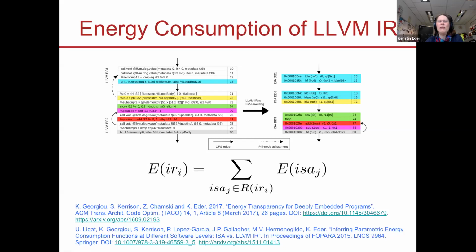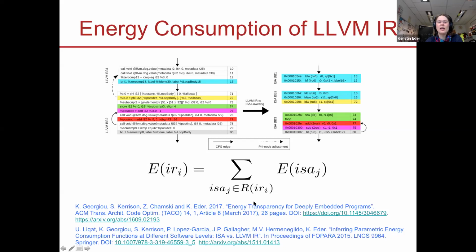So now, if we associate the cost of the machine instructions and sum these up and attribute them to the LLVM-IR, then we can determine for each LLVM-IR block how much it costs when it's executed. Okay, so this is a little trick that we can play to effectively map and lift the ISA level energy model into the compiler.